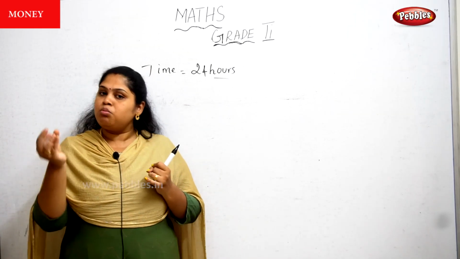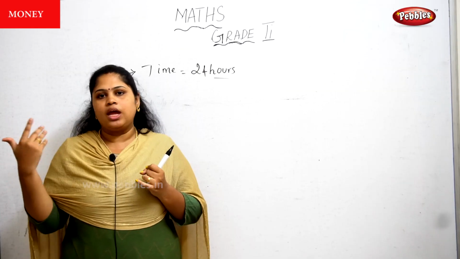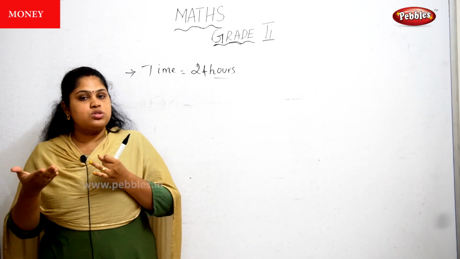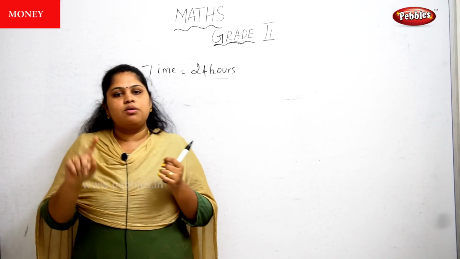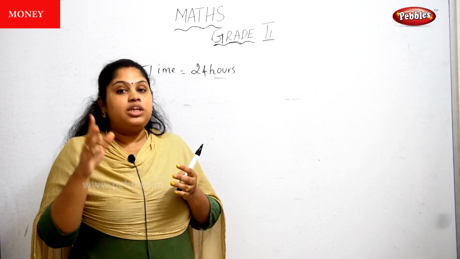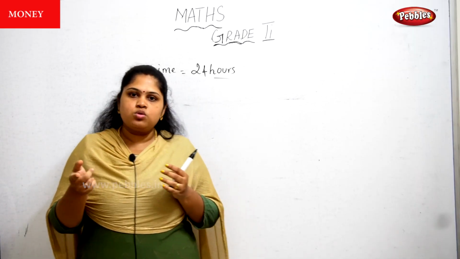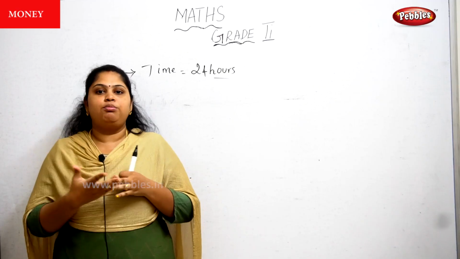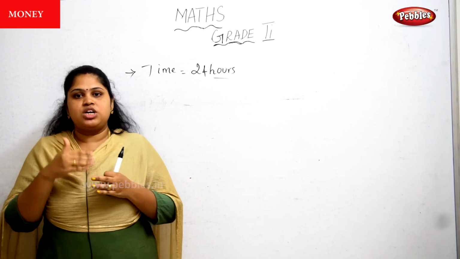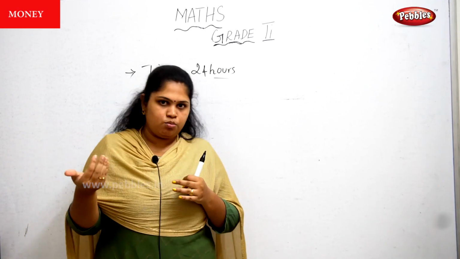So when the time moves, the days also move. Once the time completes 24 hours, the day changes from Monday to Tuesday. When the days change, the month also keeps on changing, January to February. When the month moves from January to February, the years also move.